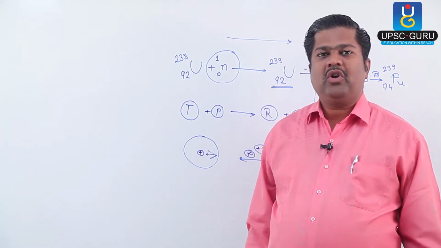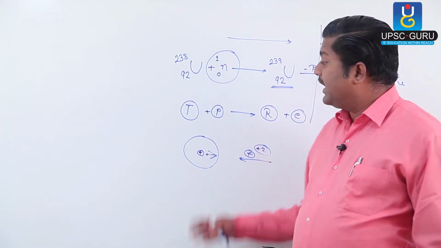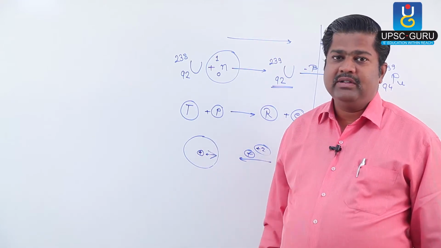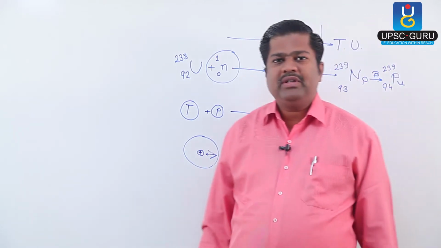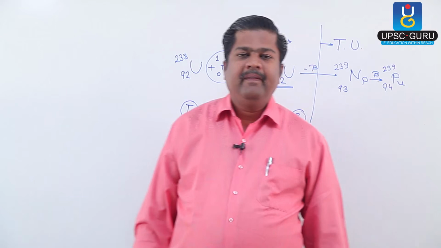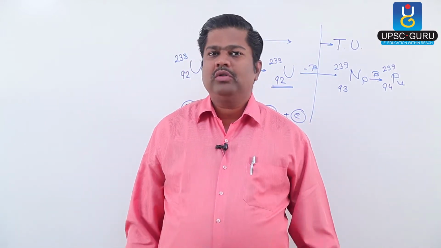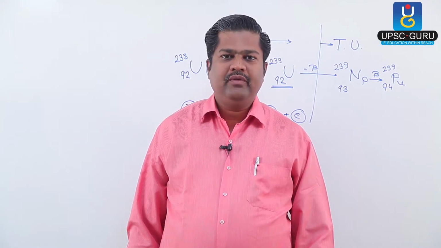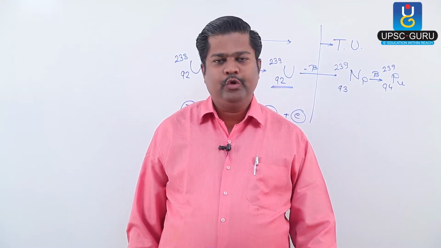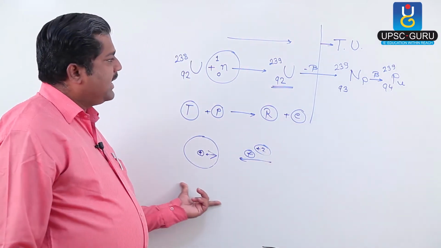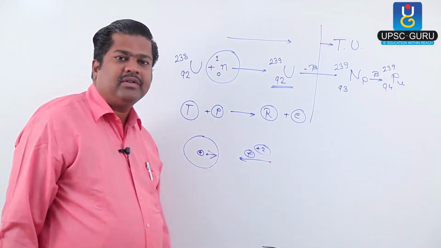Why? Because neutron does not possess charge. So it can pass through the electronic cloud and hit the target, that is the nucleus, very easily, because it does not have any charge. And so even a non-accelerated neutron works. So we use the term slow moving neutron. This way the reaction we can carry out.